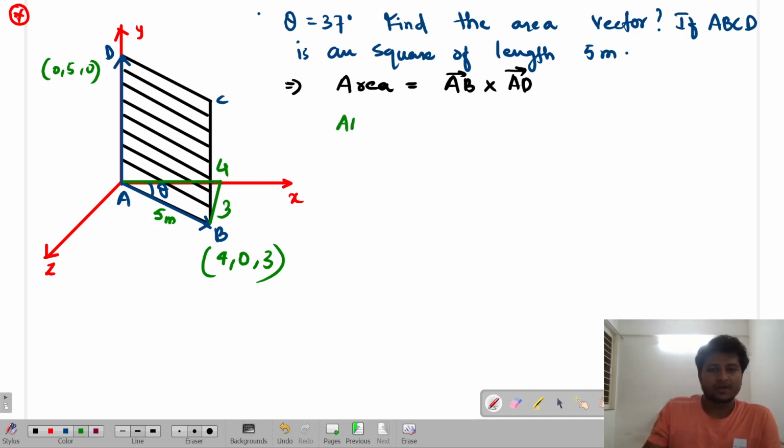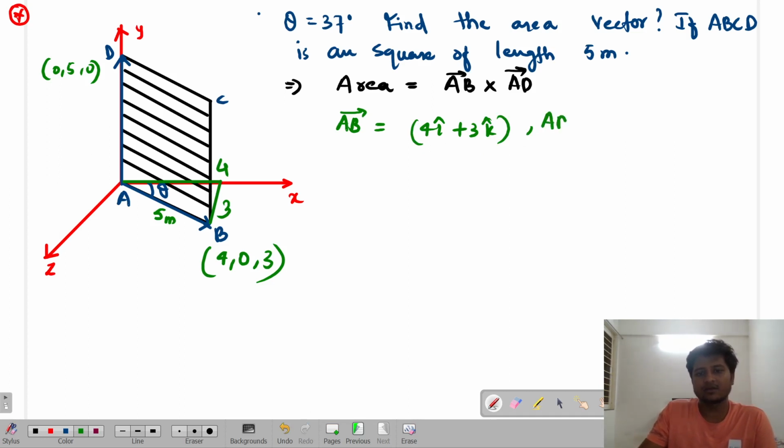So what is my AB vector? I got my coordinate. So AB vector is 4i cap plus 3j cap. Sorry, 3k cap. And what is my AD vector?